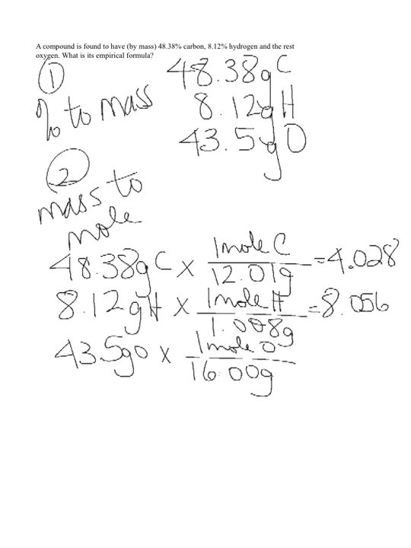And 43.5 divided by 16 should get you 2.719 moles of oxygen. So that's part 2, mass to mole.